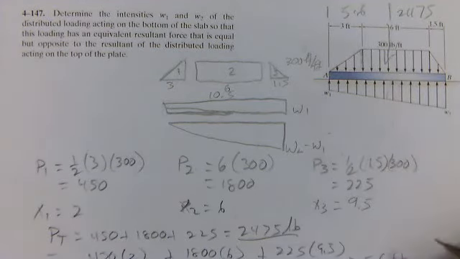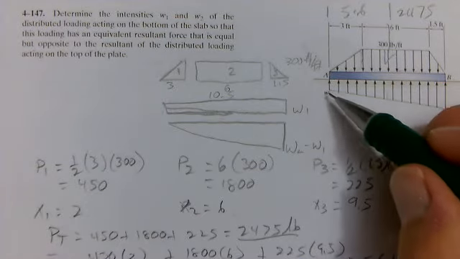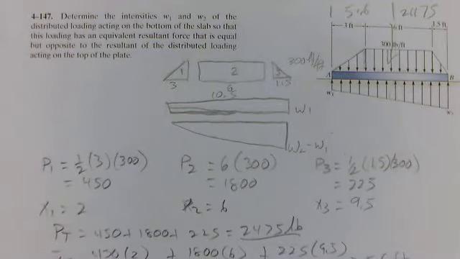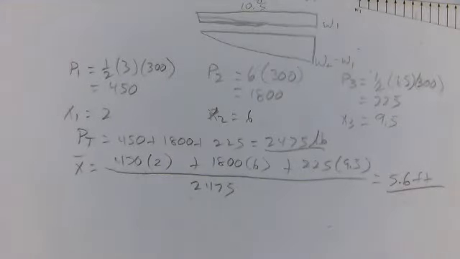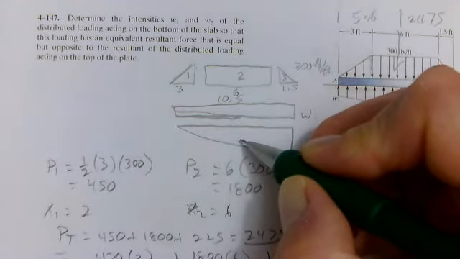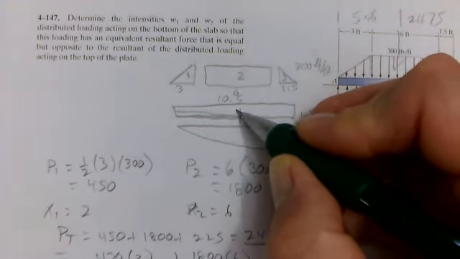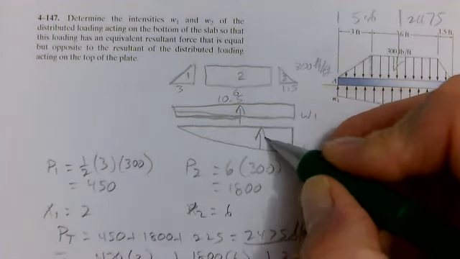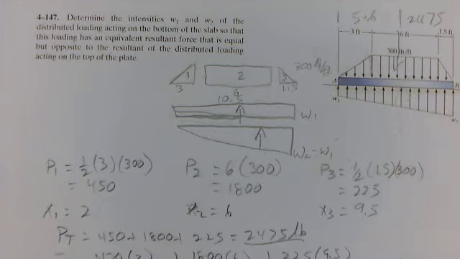Now we need to find the values for W1 and W2. We'll give the exact opposite on the bottom. Let's look at breaking this into two: the load of the rectangle portion and the load of the triangle portion.